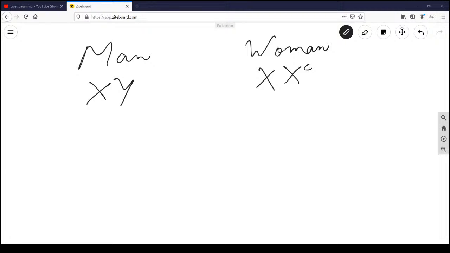Okay, question number 81. A male human is heterozygous for autosomal genes A and B, and is hemizygous for hemophilic gene H. This is a good question. Let's try this one.